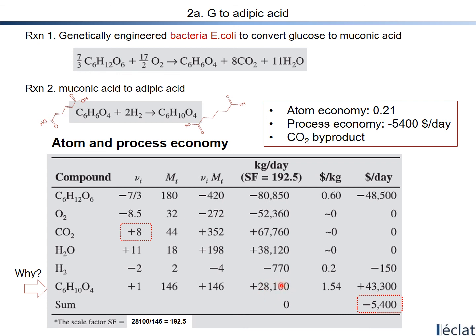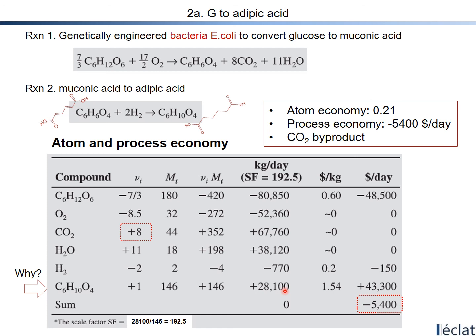Because when benzene was used at 15,000 kilogram per day, the produced adipic acid amount was this in the previous example.